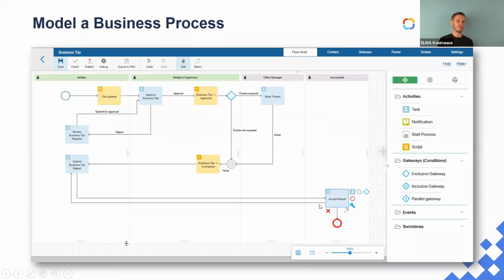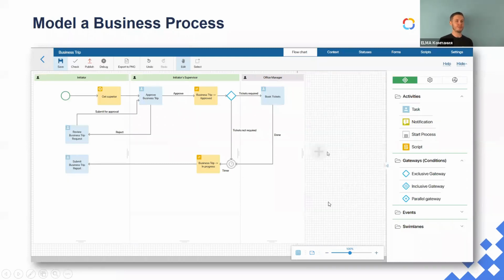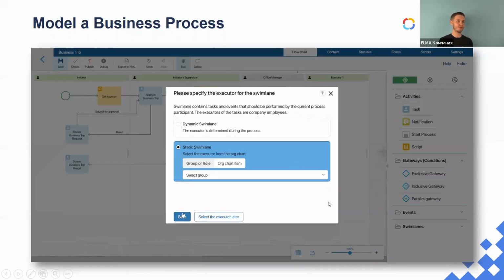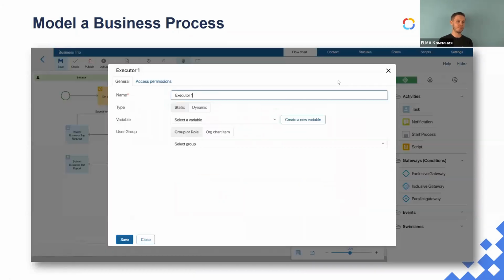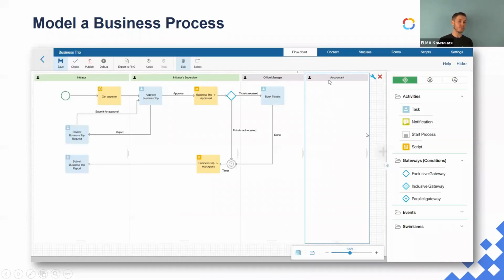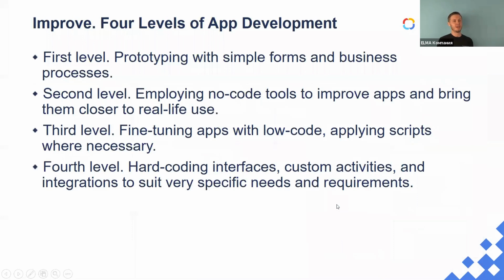And you can also set up each individual item and activity of your business process model to better reflect the business process. You can set up swim lanes that determine who exactly will perform a specific operation within your business process. And basically that's it.